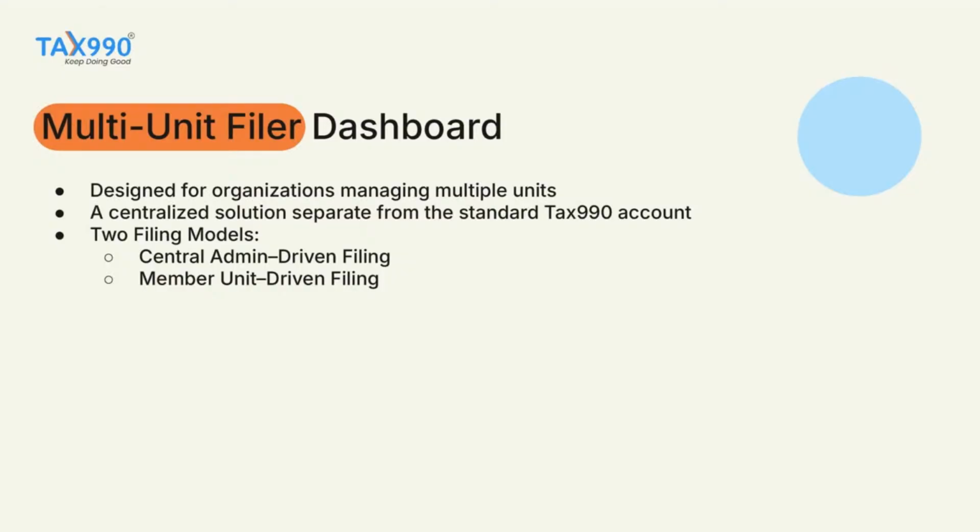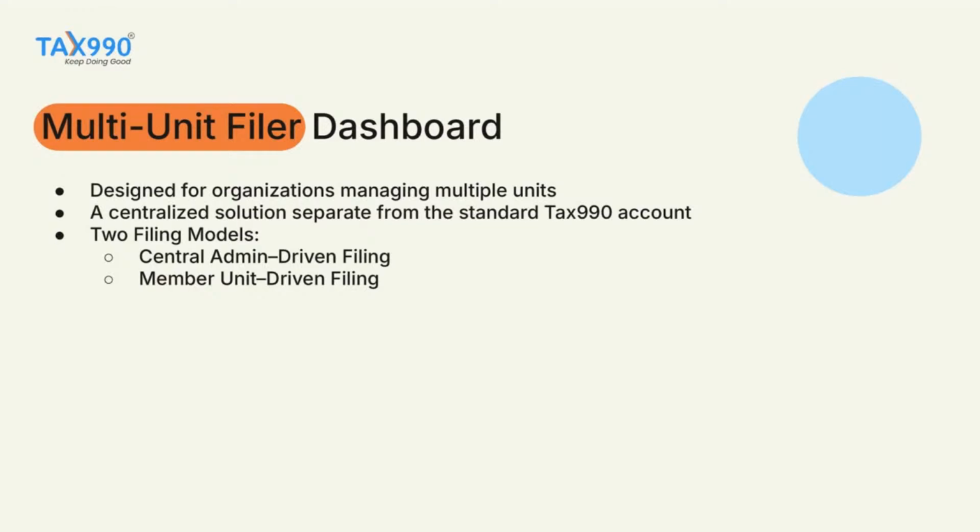Think of it this way. In the central admin model, you are in the driver's seat. You get to send authorization requests, track approvals, and filings on behalf of each unit. In the member unit model, each unit manages its own filing, and the console gives you visibility into what's happening across the board.